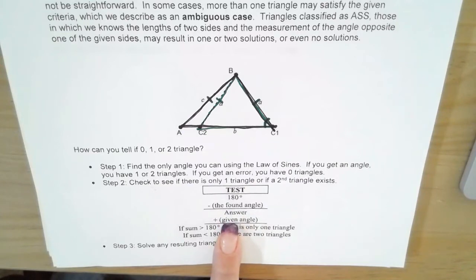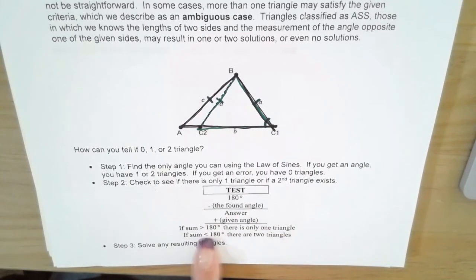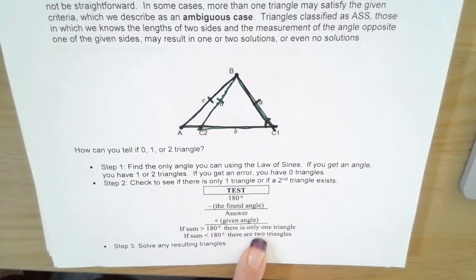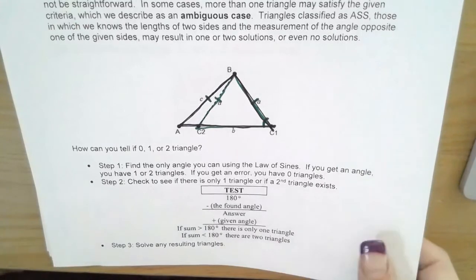And then we're going to add that number to the angle given. If this value is greater than 180 degrees, there is only one triangle. If it is less than 180 degrees, there are two triangles. If there are two triangles, guys, it just means we have to solve more for that.